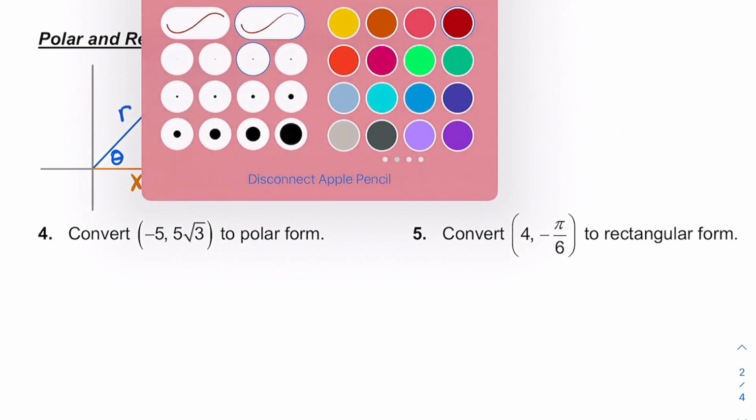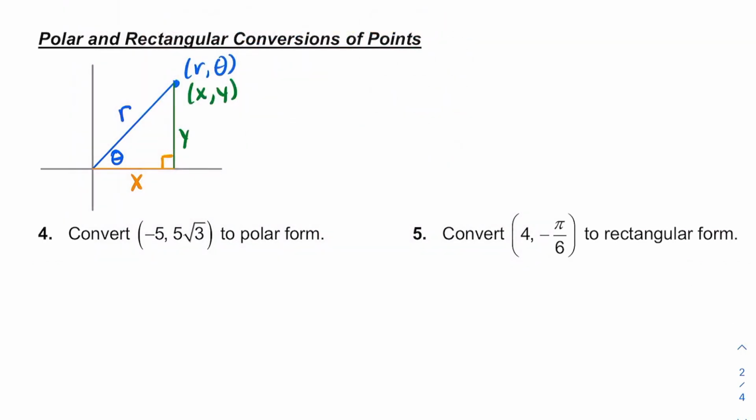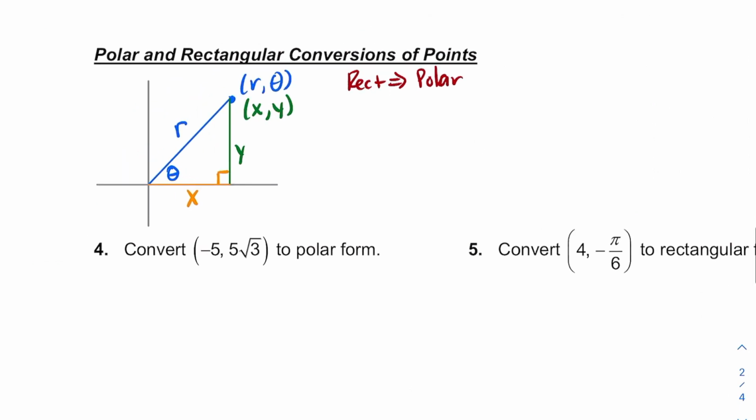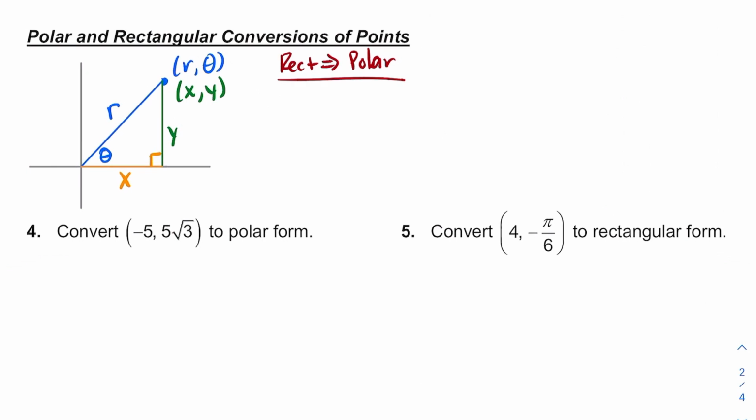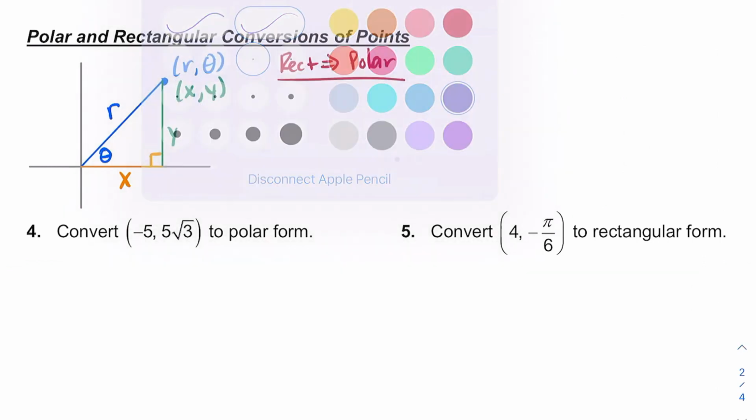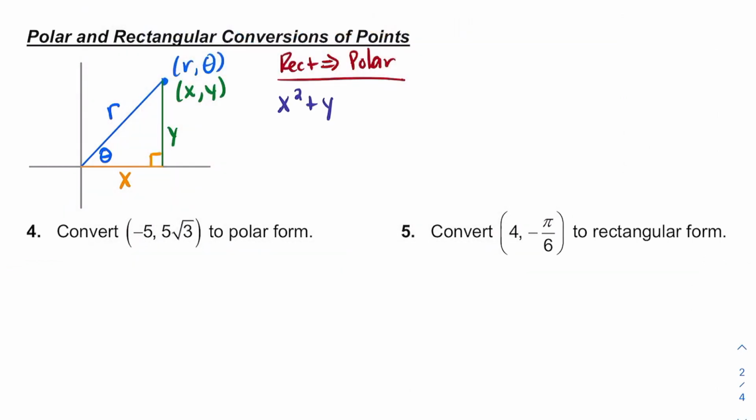To give you some structure here, the first set of rules will be the most helpful when you're going from rectangular to polar. So you are given a rectangular coordinate and you want to go to a polar coordinate. So next up, here's what we got. In order to connect x, y, and r, the best way to do that is Pythagorean theorem, where x squared plus y squared is equal to r squared.